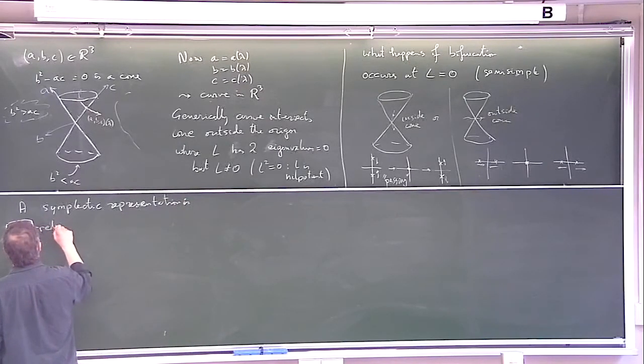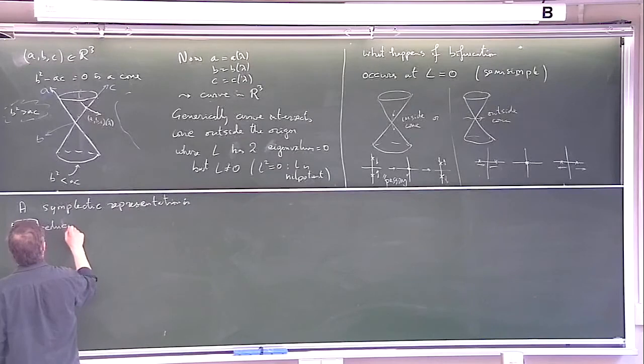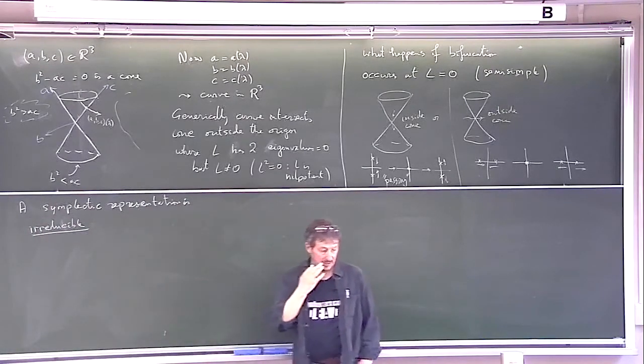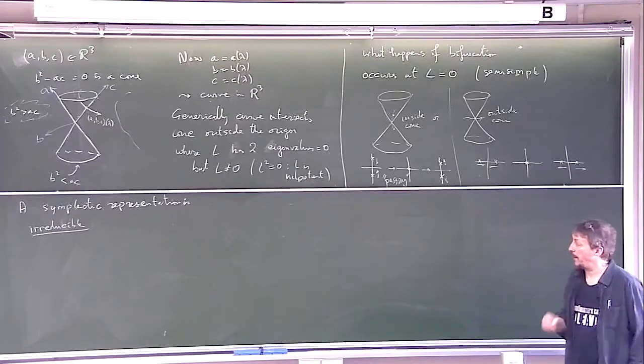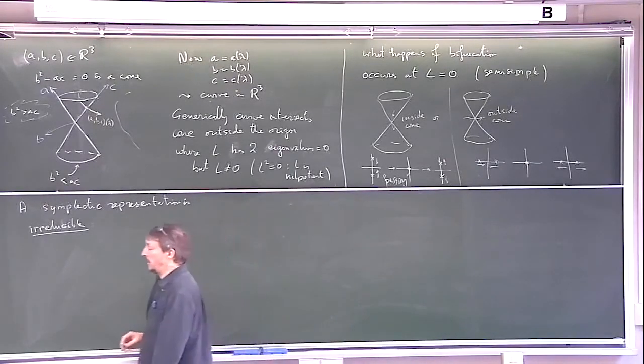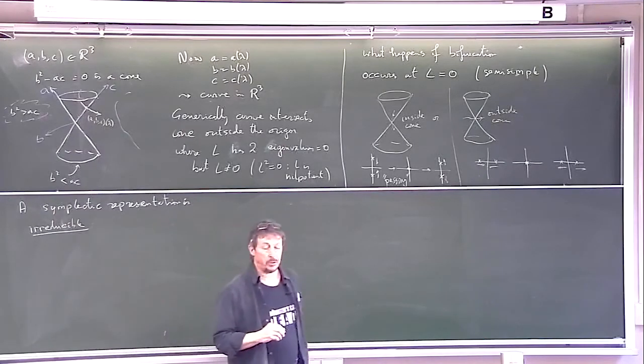So, when we want to understand symplectic representations to understand symmetry, we need to know what the building blocks of these things are. So these are built out of irreducible representations.